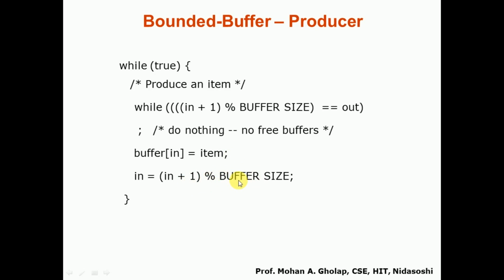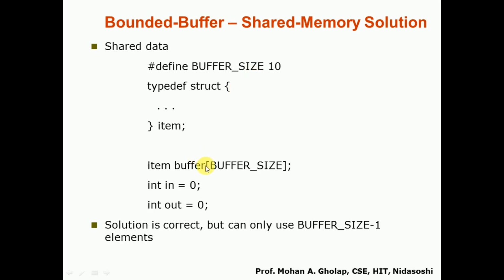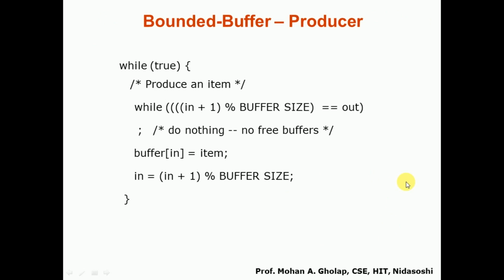One more thing, the array buffer we have used to store the items is implemented as a circular array. Circular array means that whenever the last element is stored, it will start again from the first element to check for free spaces. This is how the producer process is implemented.